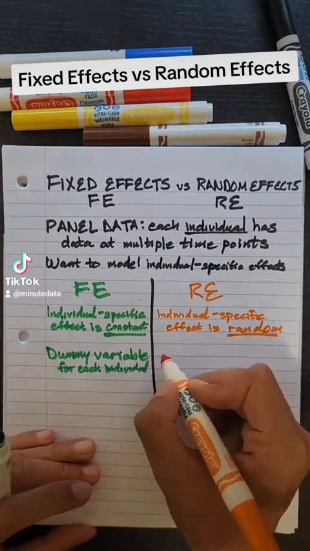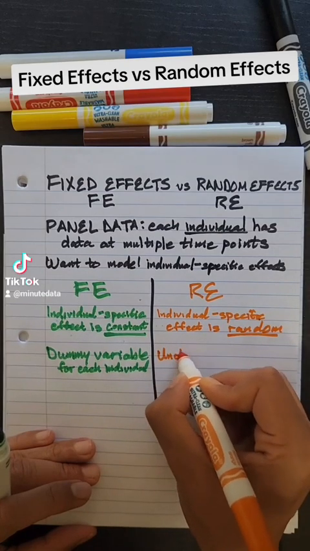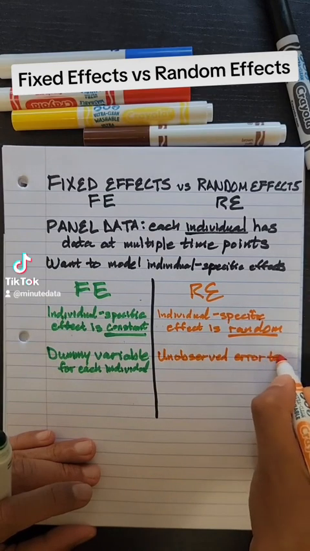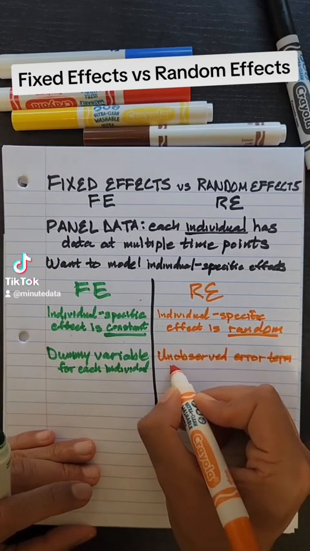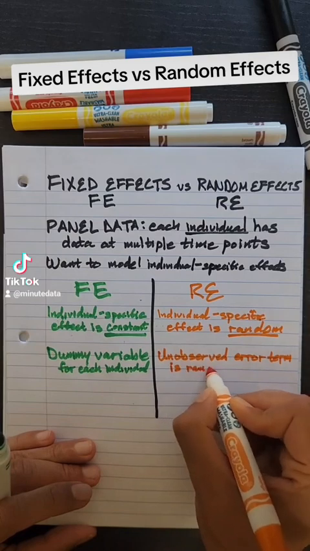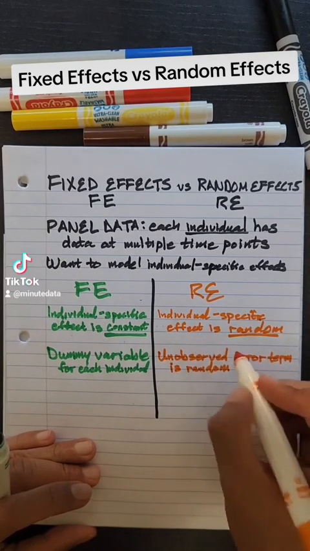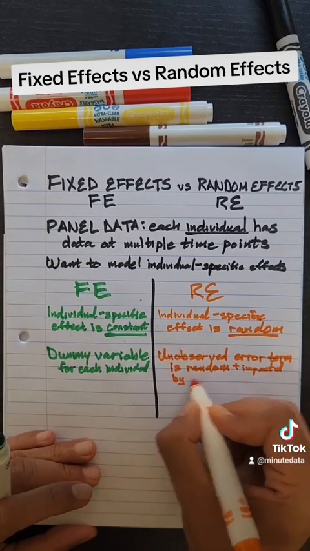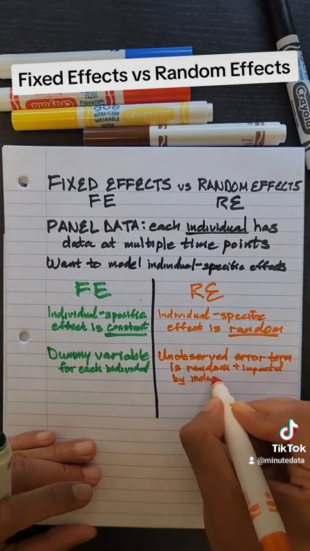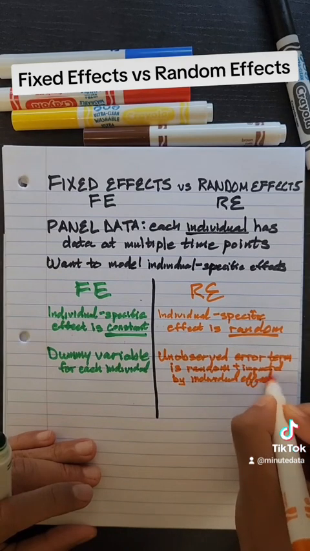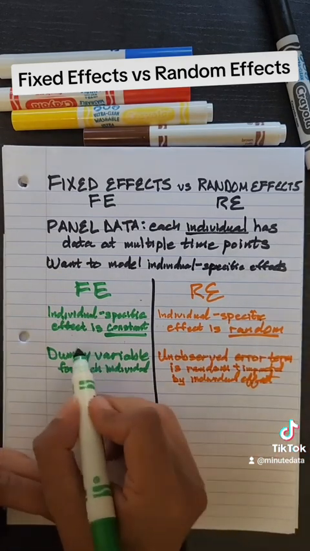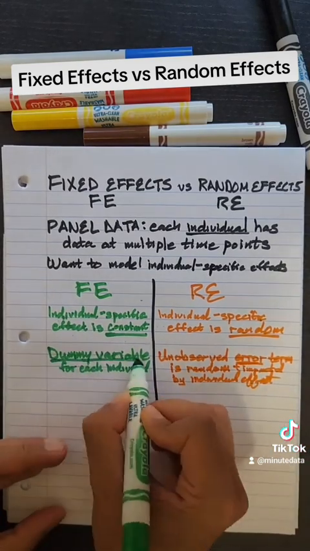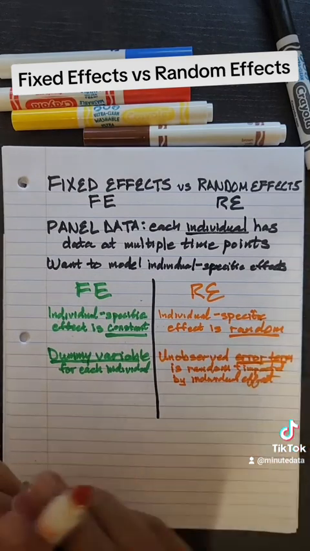Whereas with random effects, the unobserved error term is random and impacted by the individual effect. So with fixed effects, you can kind of pick it up in the dummy variable, whereas in random effects, you kind of pick it up in the error term. So dummy variable versus error term.